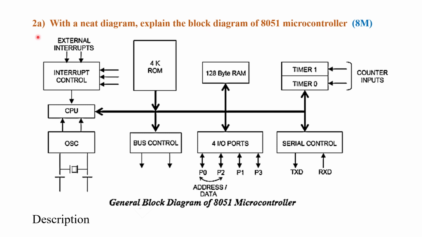Now getting into question 2a. With neat diagram, explain the block diagram of the 8051 microcontroller. This is for 8 marks. Solution: this is the block diagram of the 8051 microcontroller, which consists of timer 1, timer 0, serial control, 128 bytes of RAM, 4 IO ports, 4K of ROM, bus control, interrupt control, and the CPU, which is provided with the oscillator, and in between is the bus connection.